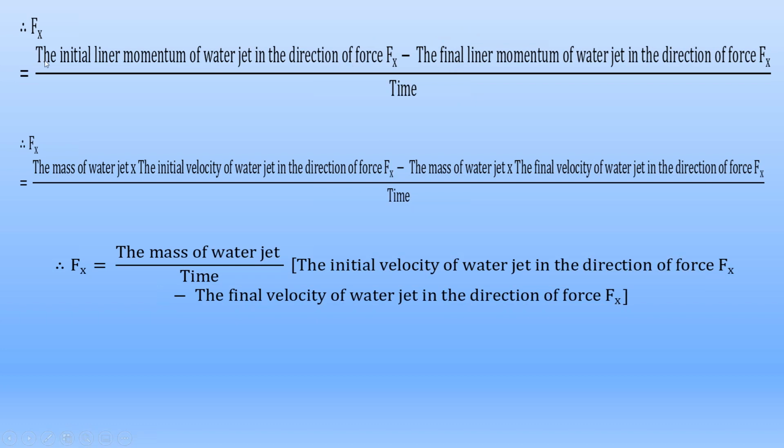Coming to this first one, the initial linear momentum of the water jet in the direction of force Fx. We know that linear momentum is equal to mass into velocity. So the initial linear momentum of the water jet in the direction of force Fx is the mass of the water jet into the initial velocity of the water jet in the direction of force Fx.